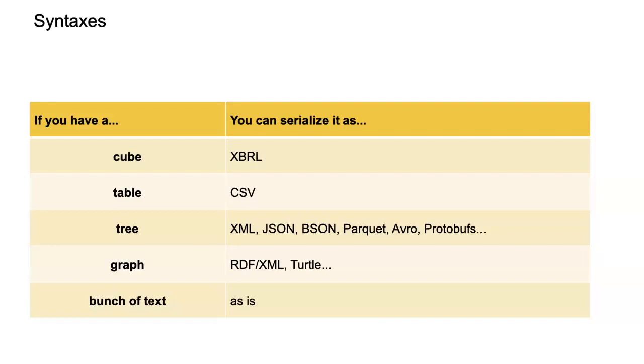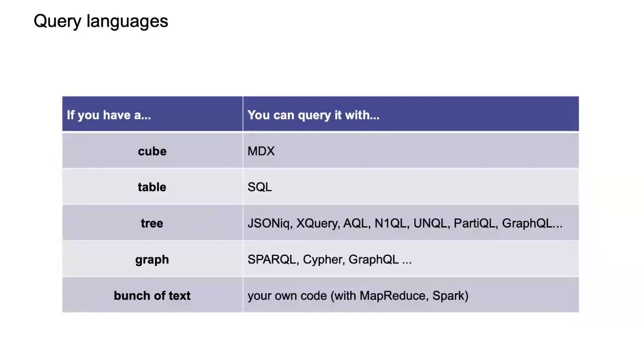So you see, we have syntaxes for the different data shapes, and we also have query languages for the different data shapes, right? For cubes, again, you don't know what that is, but MDX, I think it means multi-dimensional expression. It's just a query language that is inspired by SQL, except that it works on cubes. For tables, you have SQL, and SQL now you know, probably in all ways possible, because you've had it in the exercises.